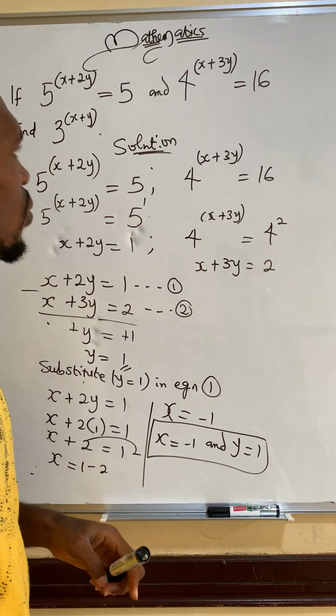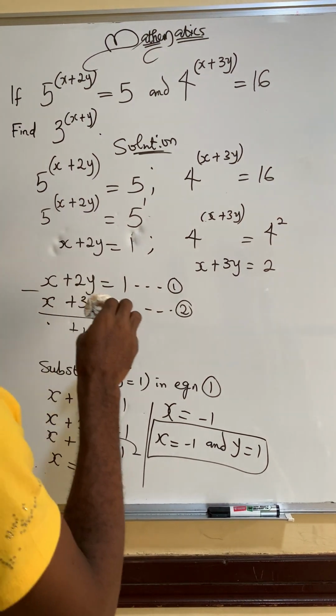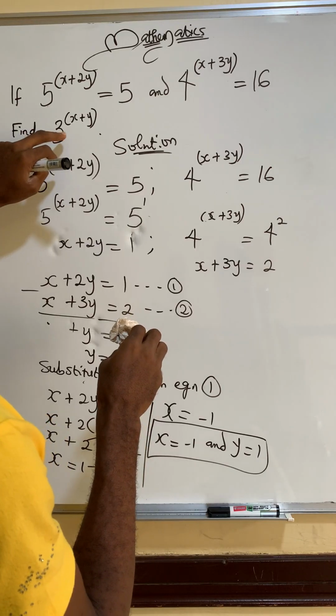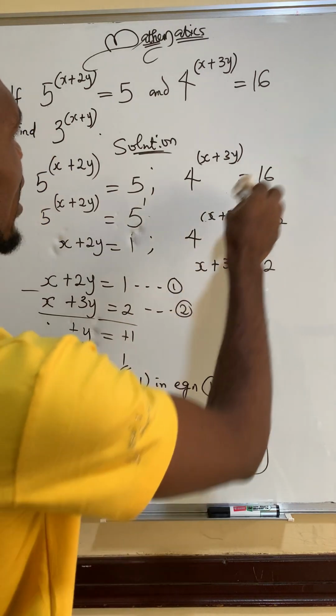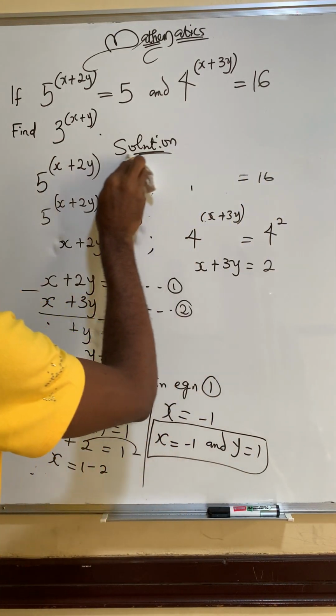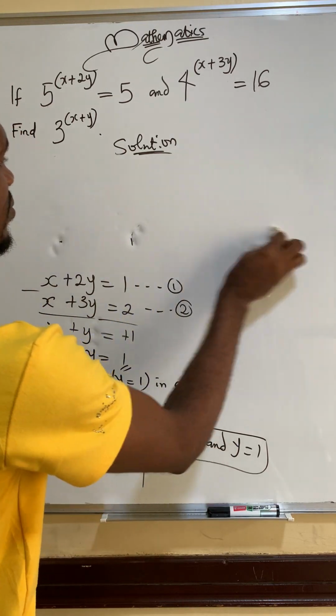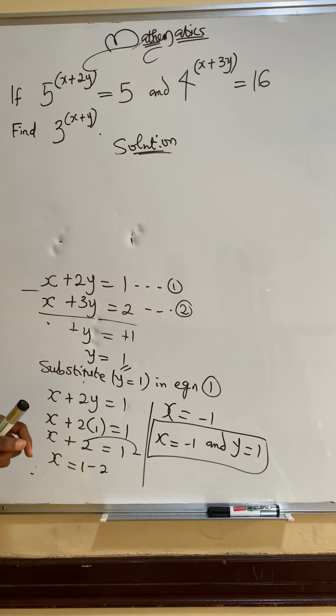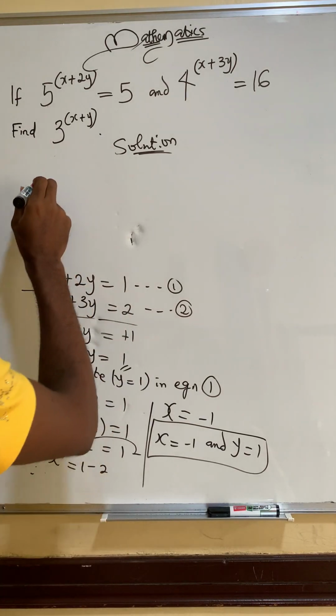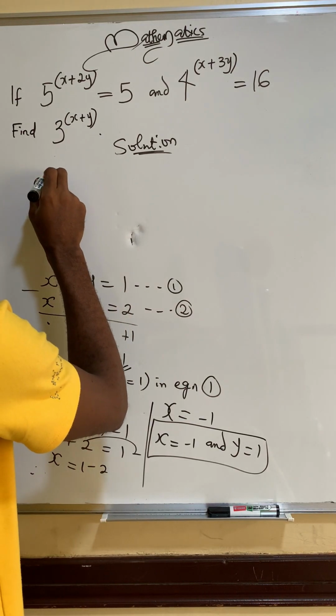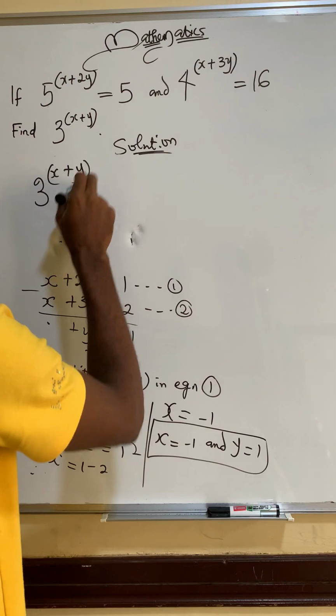But remember, we're asked to find the value of 3 raised to power x plus y. So let's clean this part. So what we do is see 3 raised to power x plus y, right?